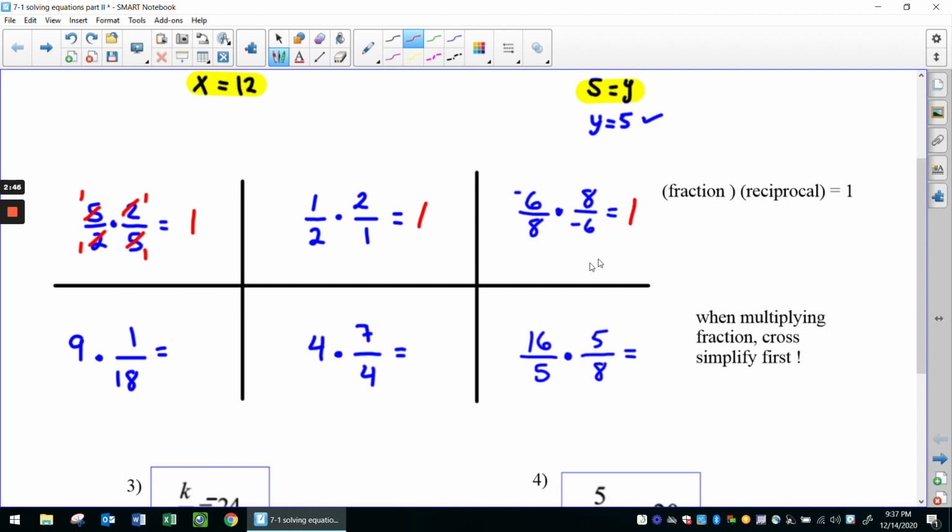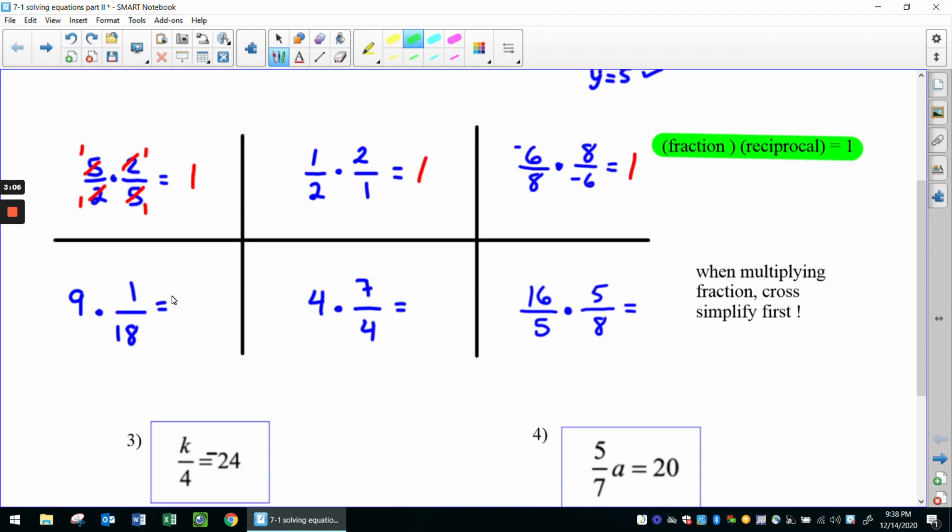That's equal to 1. So this is a good concept to make sure that you are clear about. A fraction times its reciprocal is equal to 1. So any fraction times its reciprocal is equal to 1. Please make sure you write that down and know that for future reference.